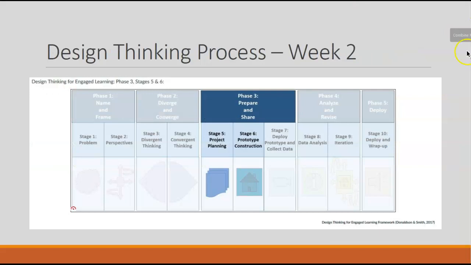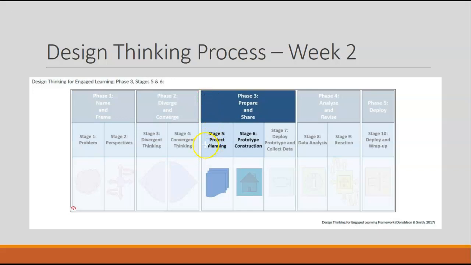So again, as a reminder, in terms of design thinking, we've done phase 1, which was naming and framing your wicked problem. Last week we spent time on divergent and convergent thinking in order to try out our wicked problem and do some on-paper thinking through our learning concept. And then this week we're going to take that to the online portfolio by preparing and sharing.